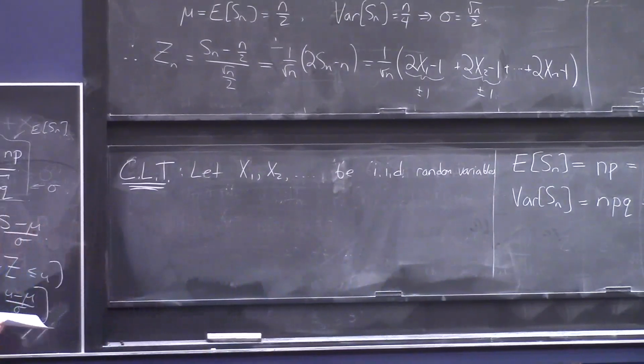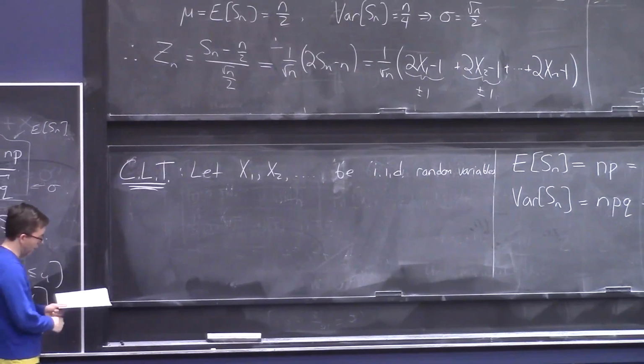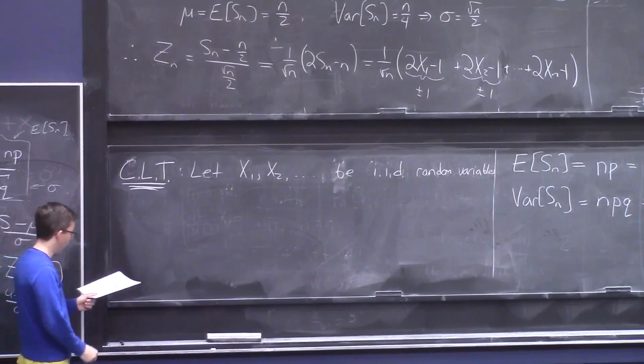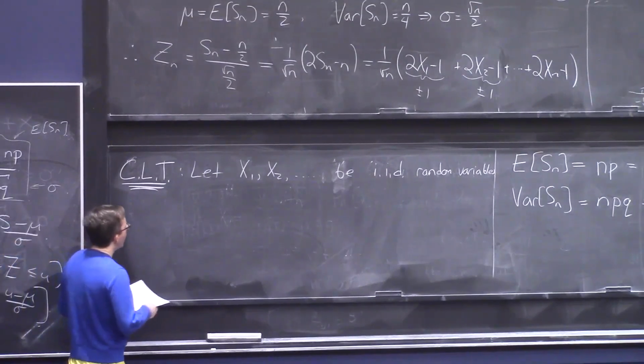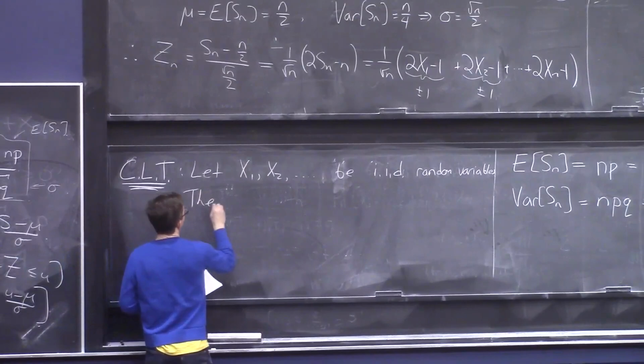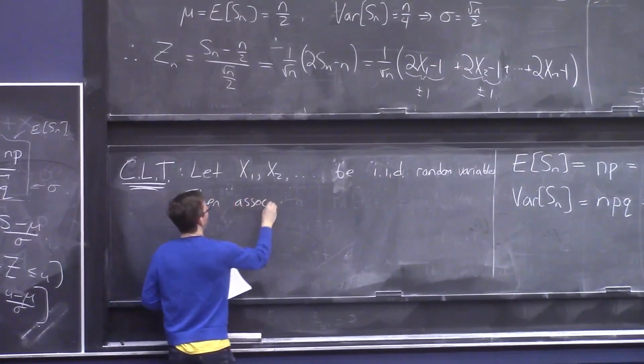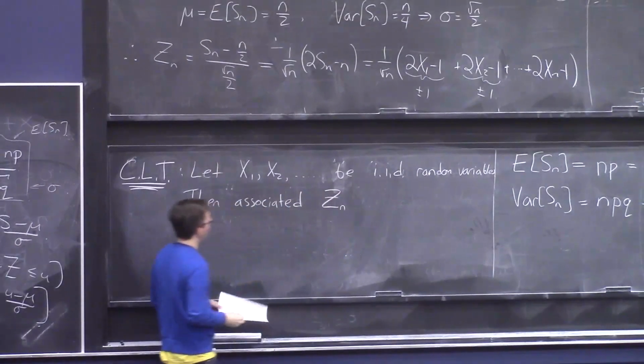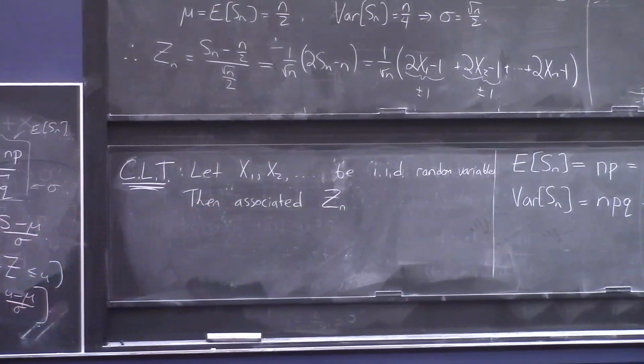So for example, these Bernoulli coin flip random variables, or any random variables that technically have a mean and a non-zero variance. Then the associated random variable Zn, by which I mean the one you get by adding up the first n of them and then standardizing, so that Zn will have mean 0 and variance 1.